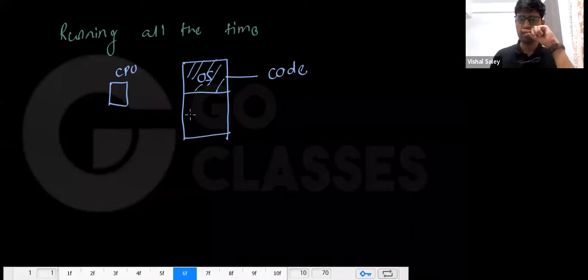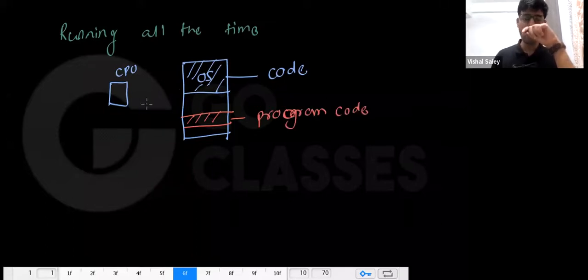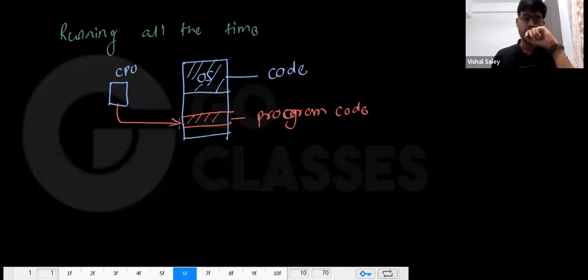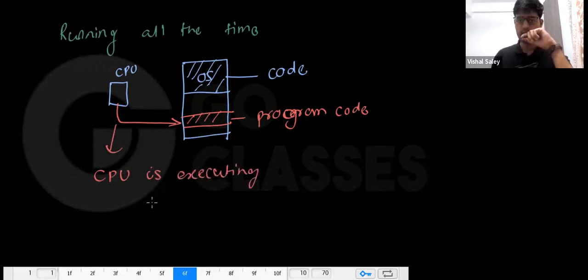And then there was a process, and the process code, or program code, was here. And we said that at a given moment, CPU is executing the program.